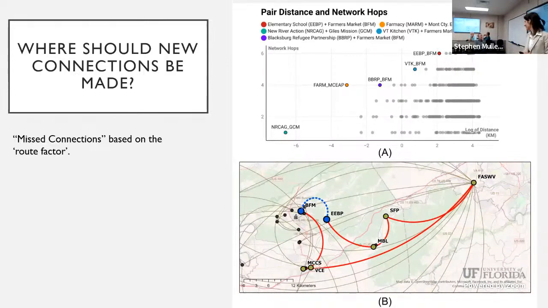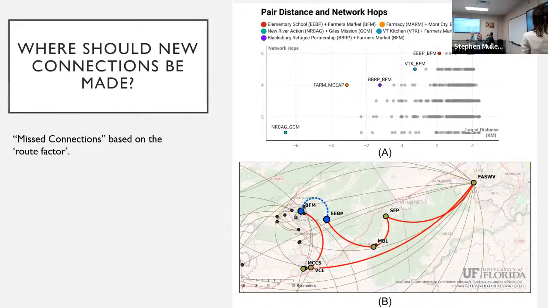And we are using the same term here because we thought it just kind of came out when we were talking about it. The route factor is a much older metric from the 1970s, and that is showing the ratio of the network distance and the Euclidean distance.